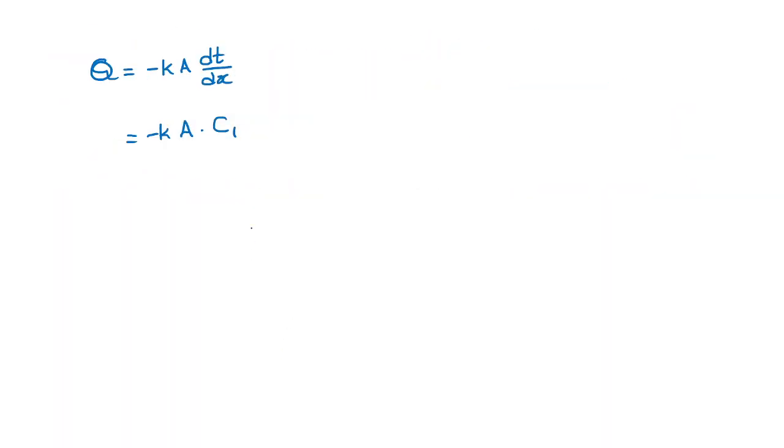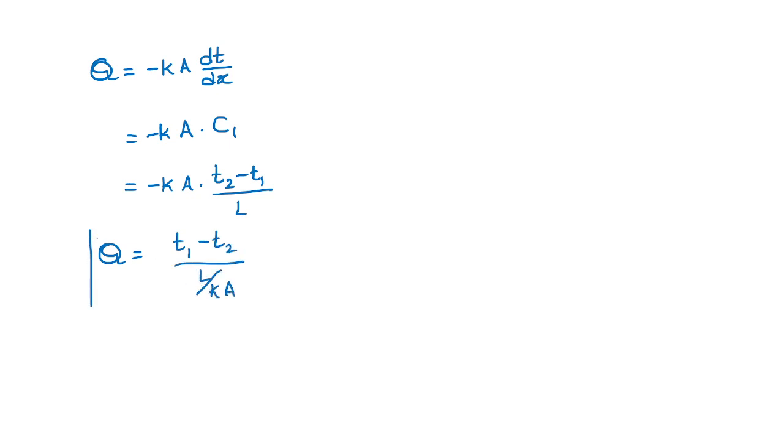So Q is equal to minus kA into T2 minus T1 by L. From this we can write Q is equal to T1 minus T2 by L by kA. So this is the formula for heat transfer when we consider a plane wall with one dimensional steady state heat conduction without any heat generation.